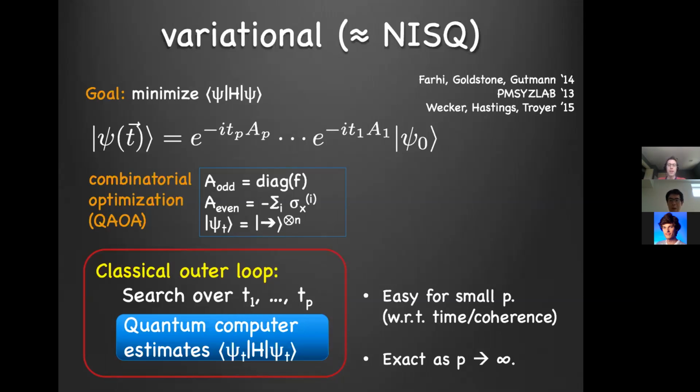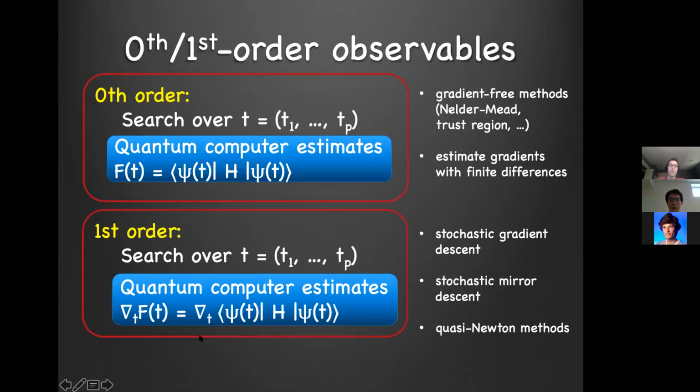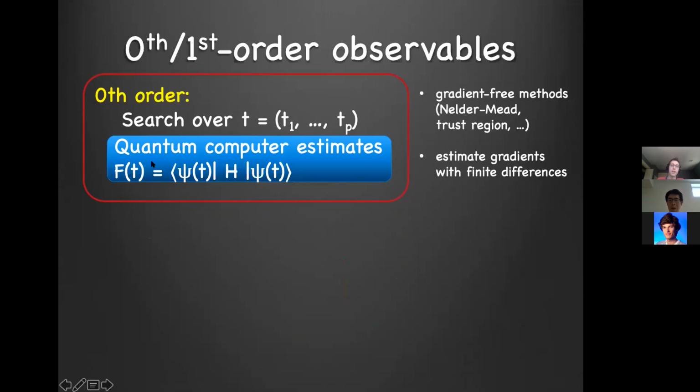One other thing I've been working on is this sort of variational algorithm, where what we've looked at are the value of gradient observables. So you could say a 0th order algorithm is you search over these parameters. The quantum computer is used to estimate the cost function, and then you can do either some gradient-free algorithm, or you can use this to estimate gradients and do gradient descent.